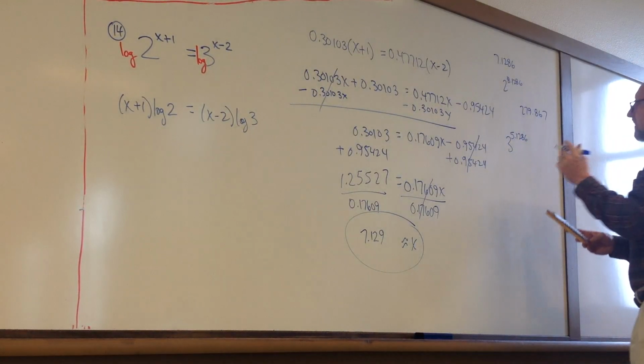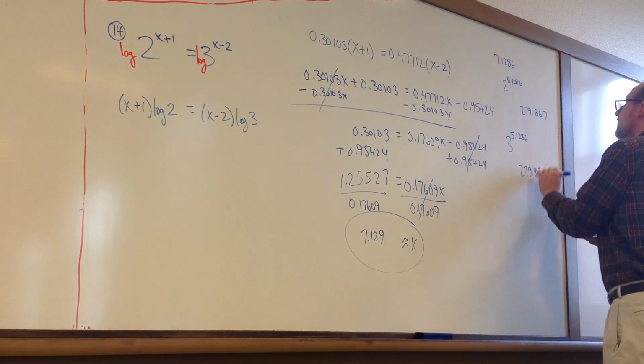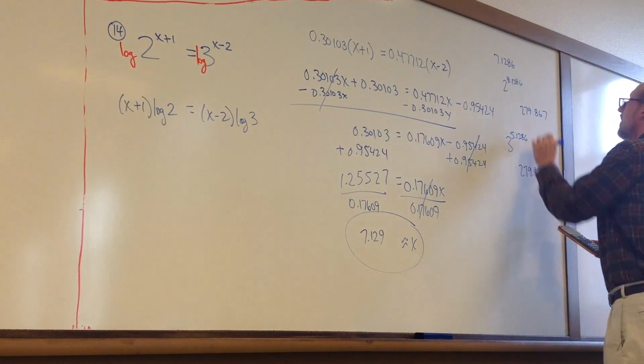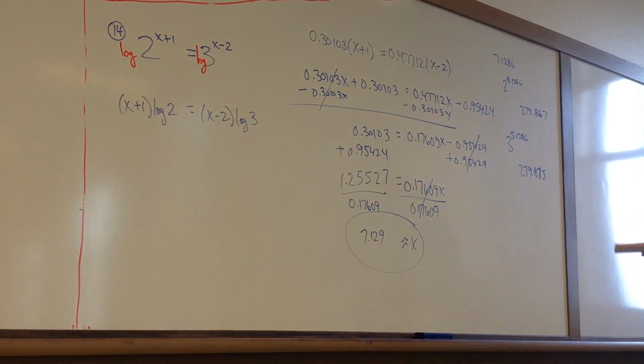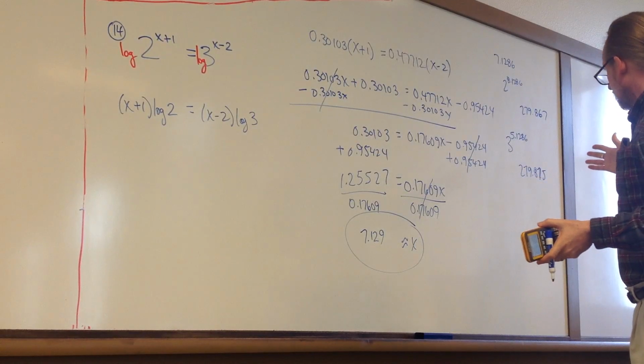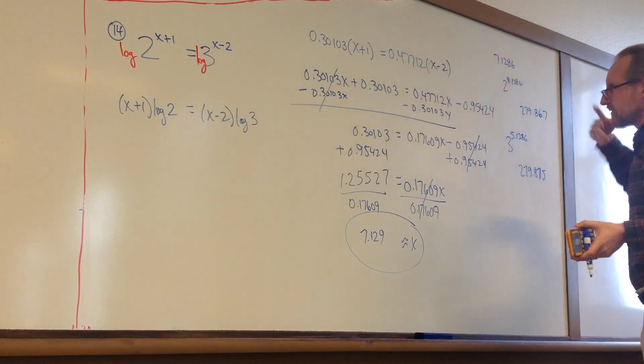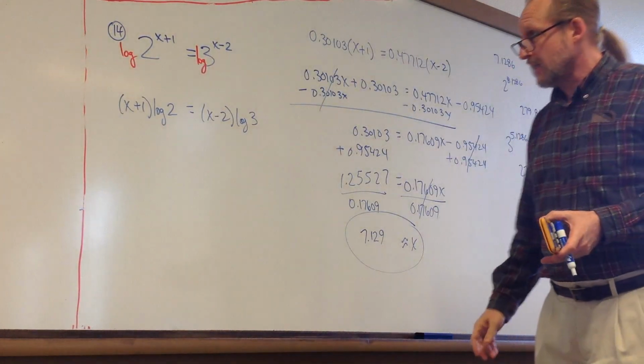And that'll be 279.875 or so. So these are pretty close. They're off in the hundredths place. And as always, if you want a better answer, if you want these to be closer, then you just need more digits in the answer.